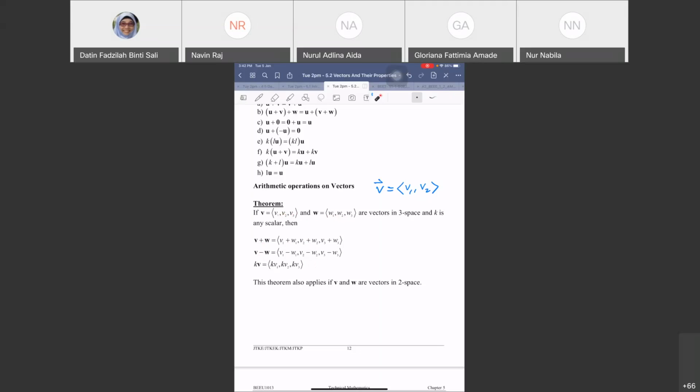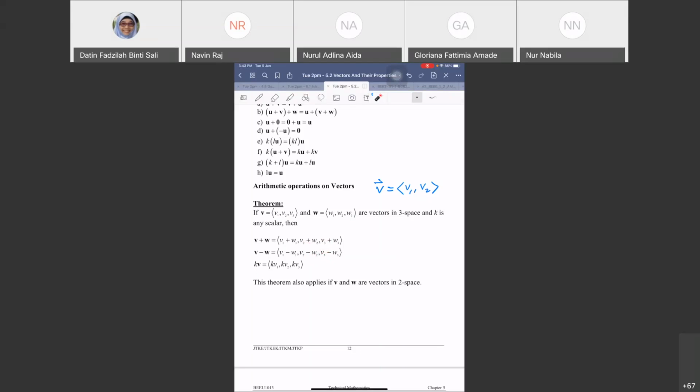You don't mix up, because V1, V2, V3 refer to the X, Y, Z coordinates. So the X coordinate and X coordinate, you add or subtract; Y coordinate and Y coordinate, you add or subtract; Z and Z coordinate. That's how we add or subtract vectors. Very straightforward.